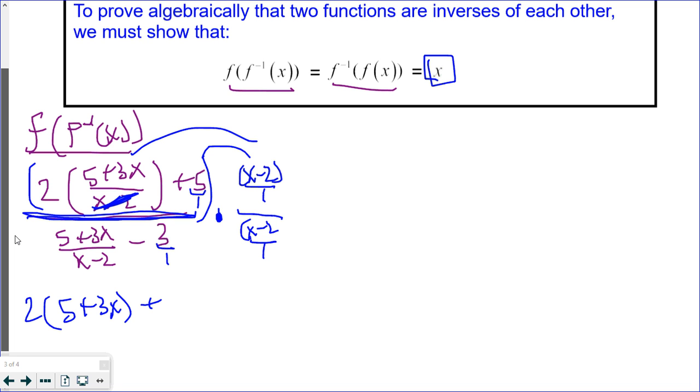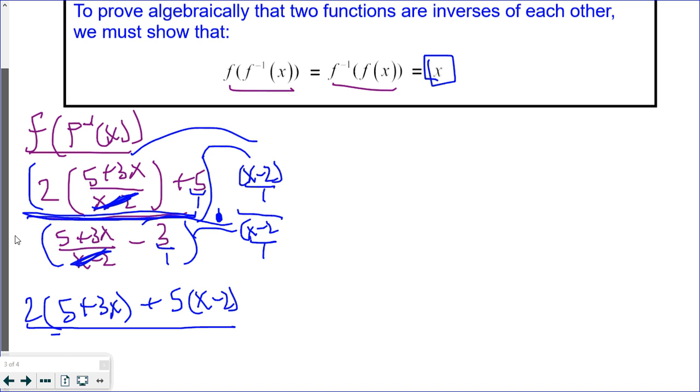And then 5 over 1 times x minus 2 over 1, nothing in the denominator cancels, so I'm left with just simply the tops multiplied together, 5 times x minus 2. And on the denominator, if I multiply these two fractions together, in the first set of fractions, the x minus 2 on top and the x minus 2 on bottom cancel.